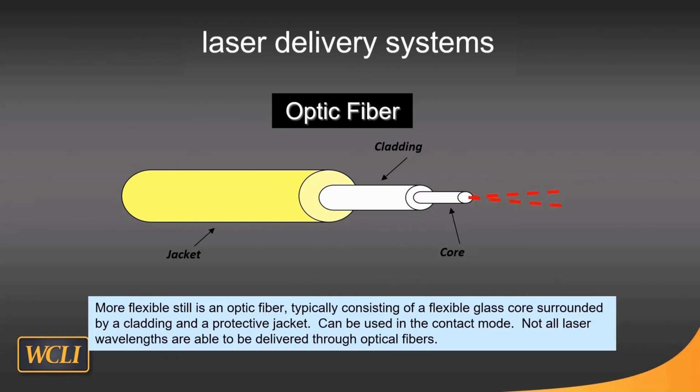But obviously you can't bend it into an acute angle, because otherwise you will snap that glass fiber inside, which is why you should never take it off the support bar that it's sitting on. What happens is that the laser energy goes through this fiber and comes out the end of the core, and it's a very efficient way to deliver laser energy.